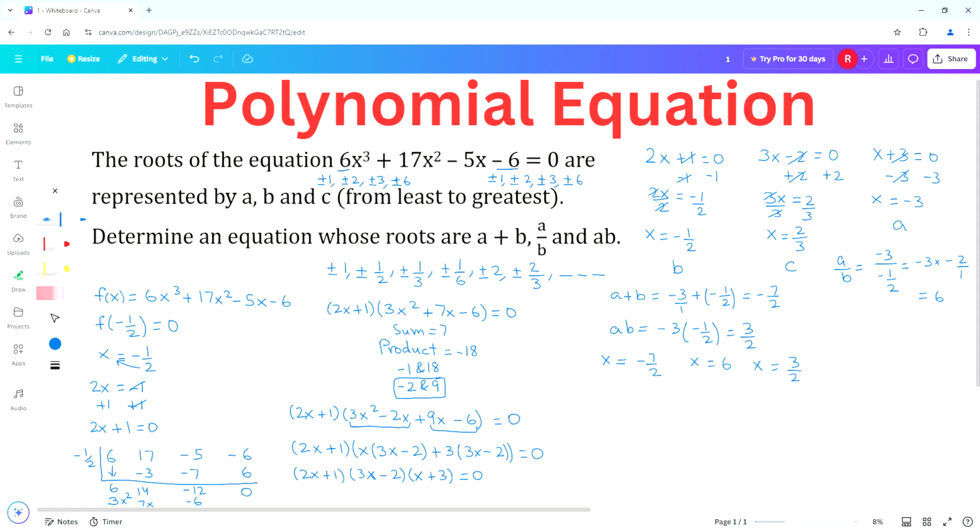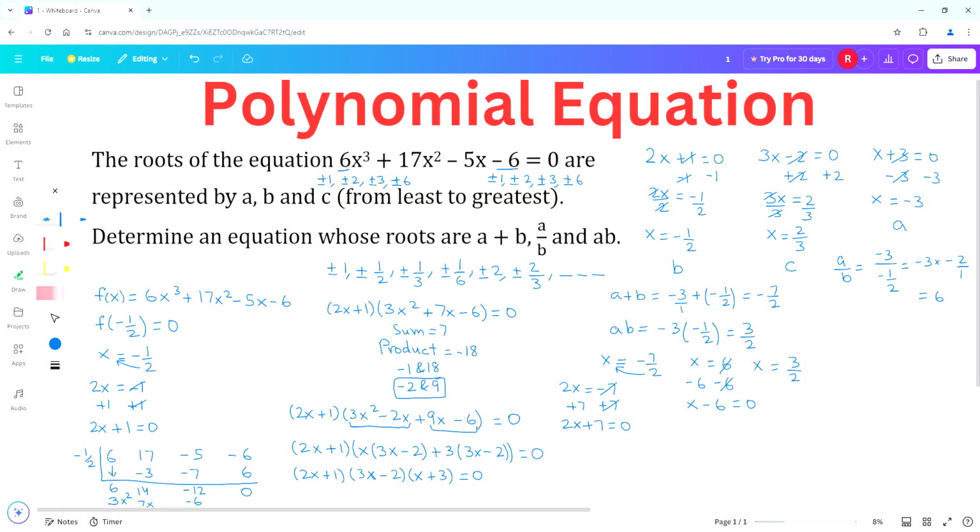Next, we can find the binomial factors for the equation by setting these three roots equal to x. Let's start with the first root. We should cross multiply the 2 to the left side. Now we can work on the second root. Next, we can work on the third root.